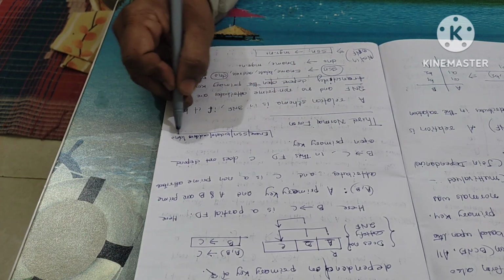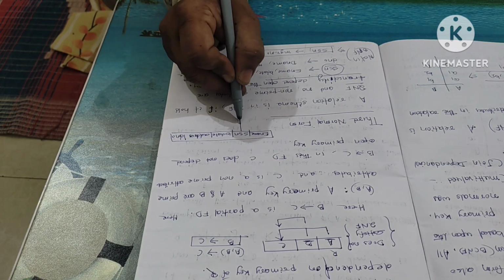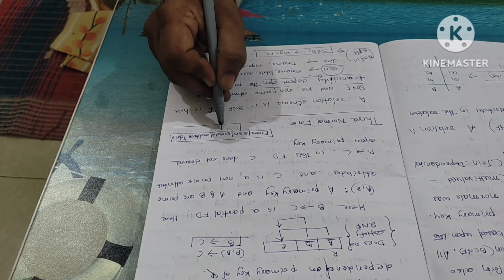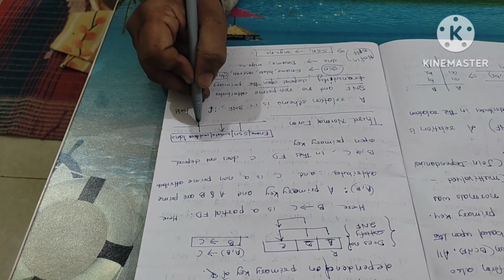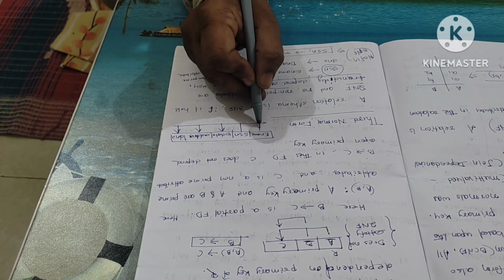Make a relational schema. Now these hold good for the relations 1, 2, 3 and 4.